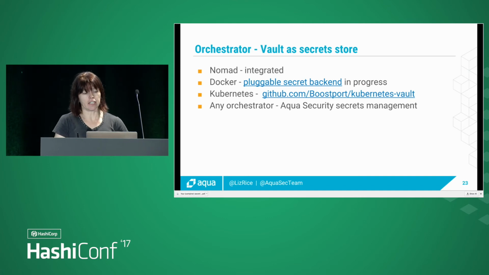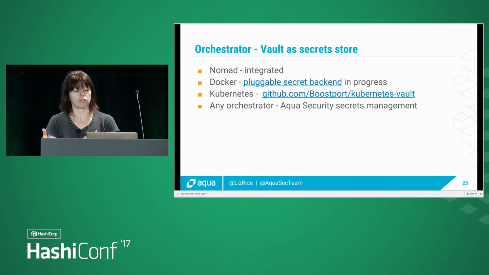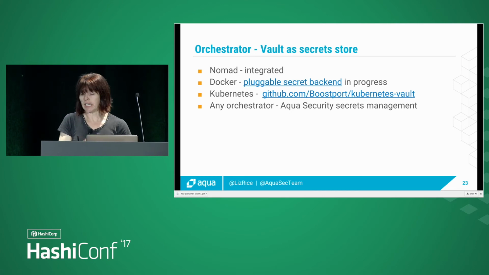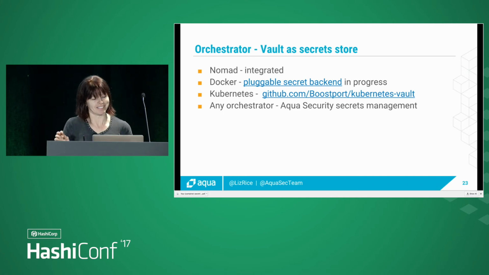For Kubernetes, there is an existing project, Kubernetes Vault, that will let you use Vault for the secrets backend for Kubernetes. And I'm not sure whether some of the announcements this morning will also make a Vault and Kubernetes integration easier, whether it covers secrets. I'm not sure yet, because I only heard about that this morning.